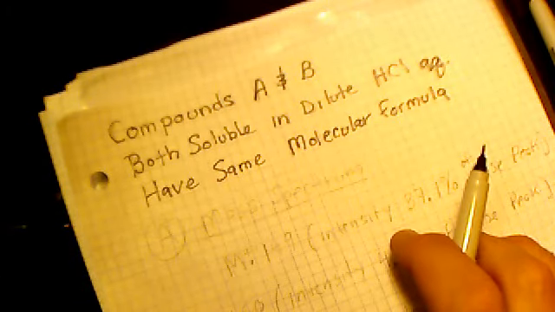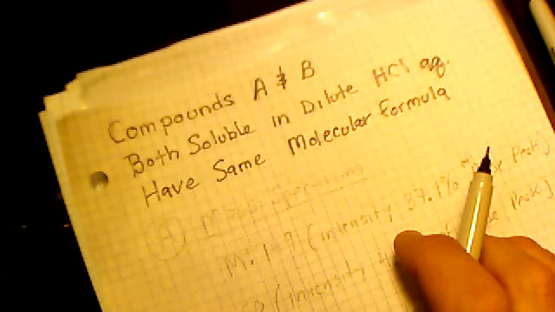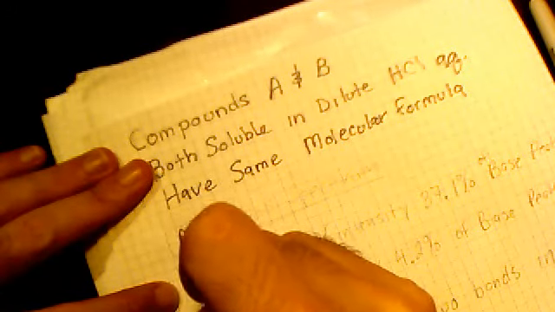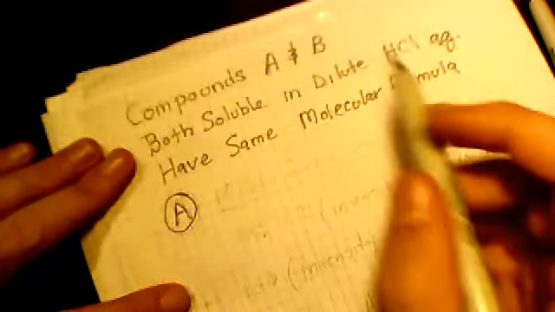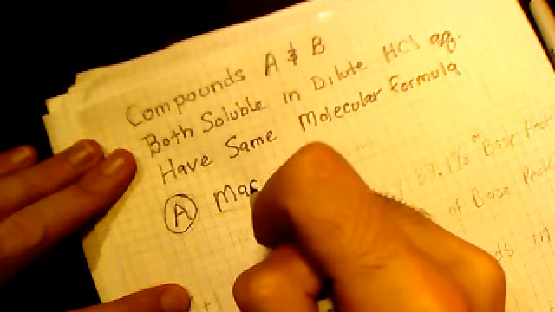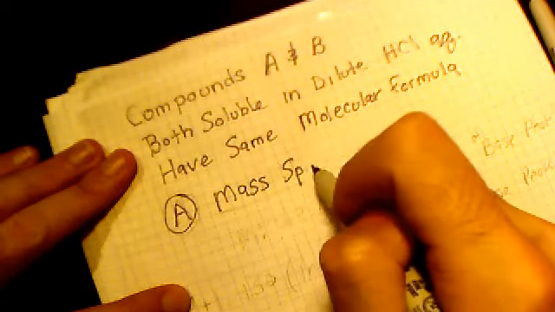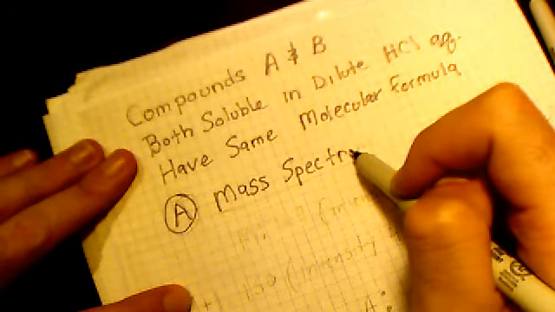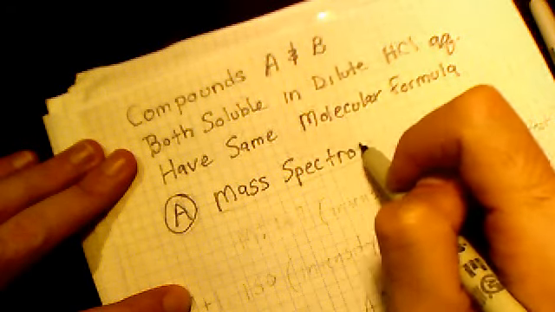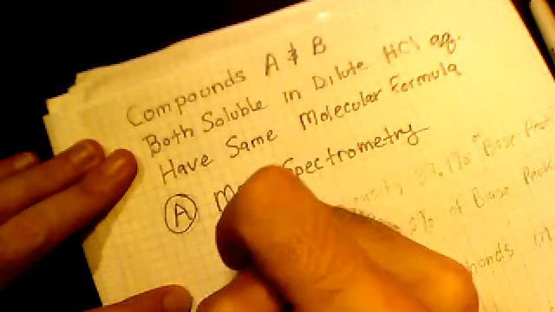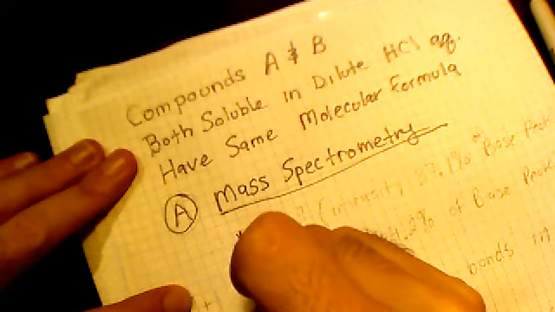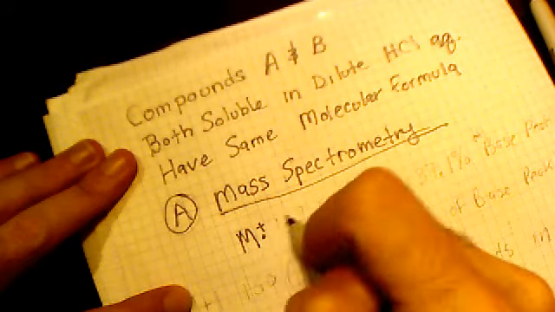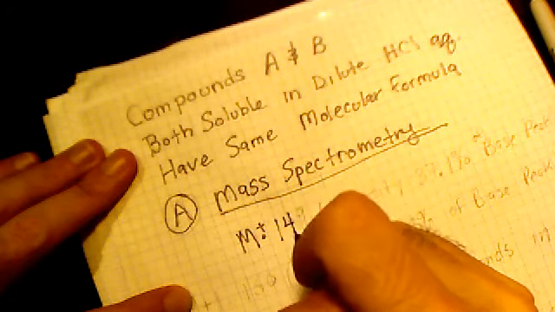Alright, so then it gives us the mass spectrometry data for A first. We have the M plus peak, which is 149.